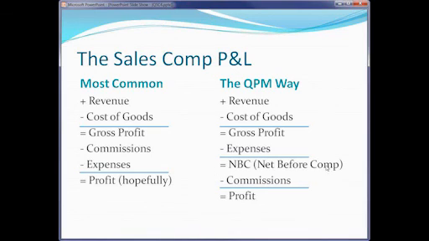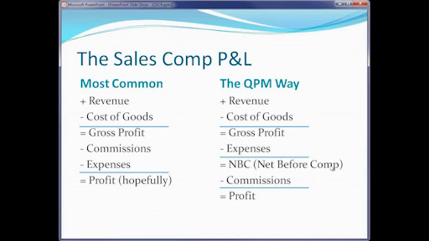A couple of reasons why we want this NBC number. The first thing is this number can be thought of as the amount of money that we have after we've procured and paid for the product, run it through our entire operation, and it's the amount of money that we have left to share with the sales rep. So we'd like to know what that number is.